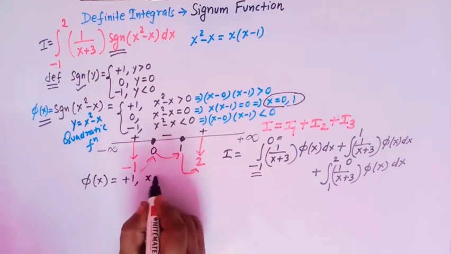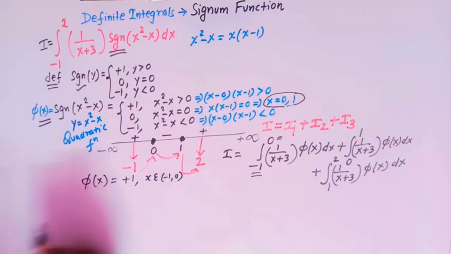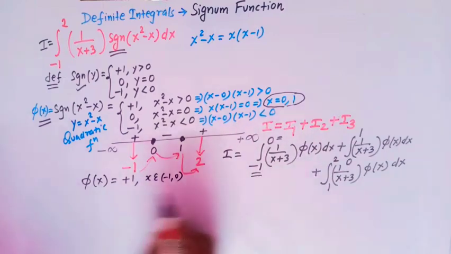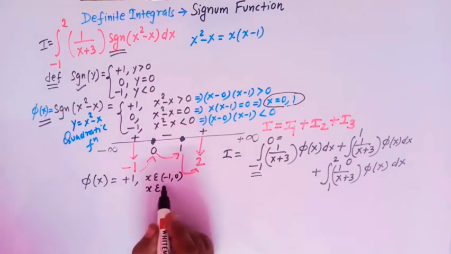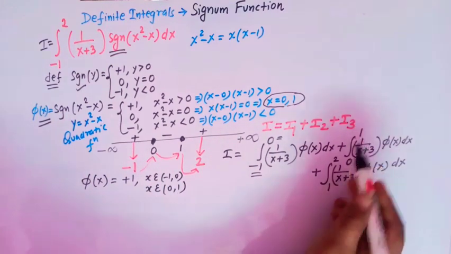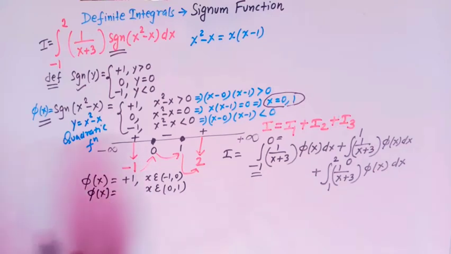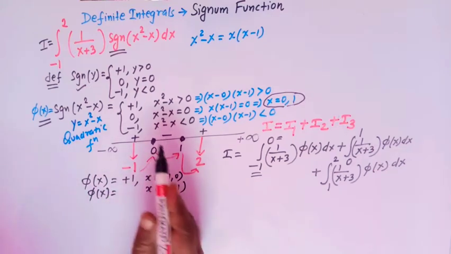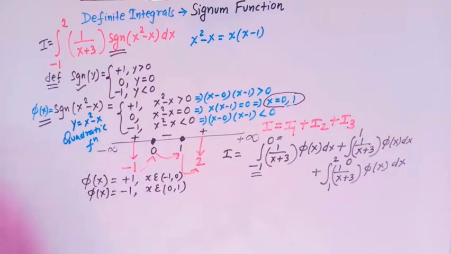When x belongs to minus 1 to 0. And when x belongs to 0 to 1, we have the sign of the function phi of x as negative, so we have minus 1, right?